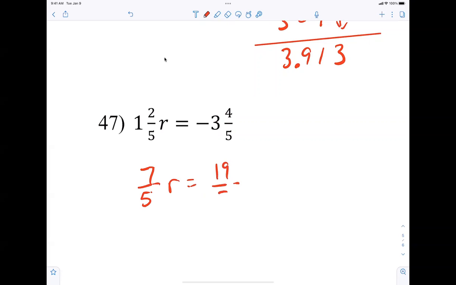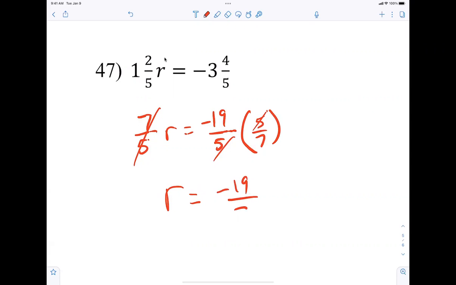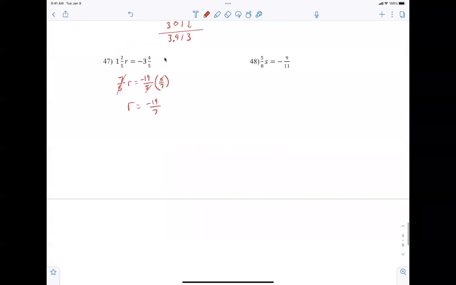Good. Is it positive or negative? Negative. Good. So now what do I do? You multiply them by the reciprocal. What's the reciprocal? 5/7. Nice. So what happens? The two 5s cancel out to 1. And then it's negative 19/7. Negative 19/7. Is that it?